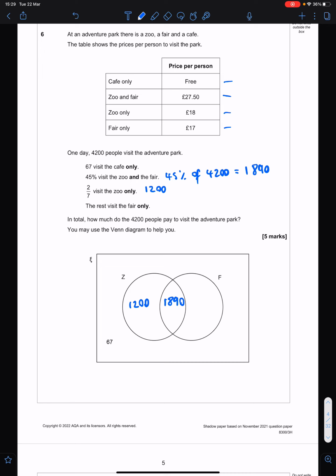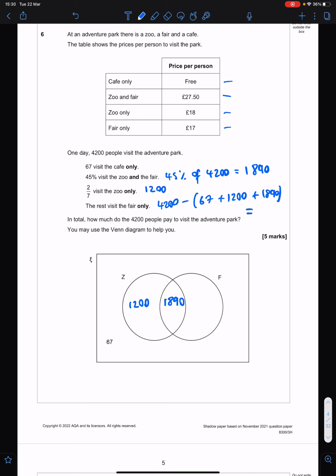And the rest visit the fair only. Well, if it's the rest, then we're doing 4,200 take away what you get when you add all these numbers. So 67 plus 1,200 plus 1,890.